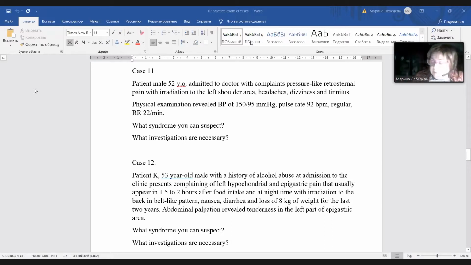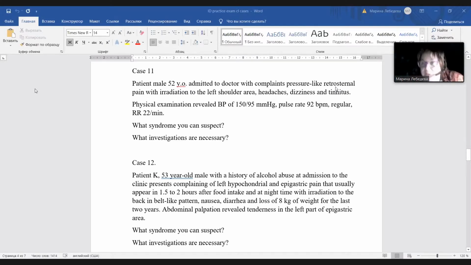In this clinical case, we can discuss two main syndromes. The first one is, without any doubts, arterial hypertension because of the enlargement of blood pressure. And the second is typical pain for acute coronary syndrome.